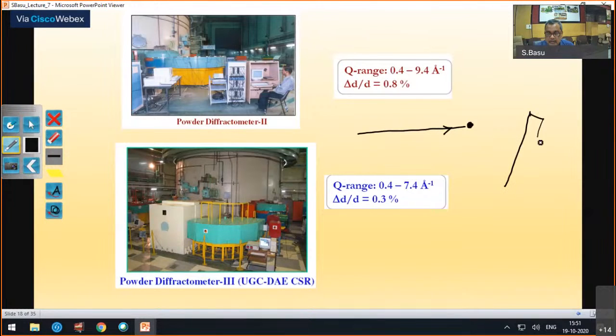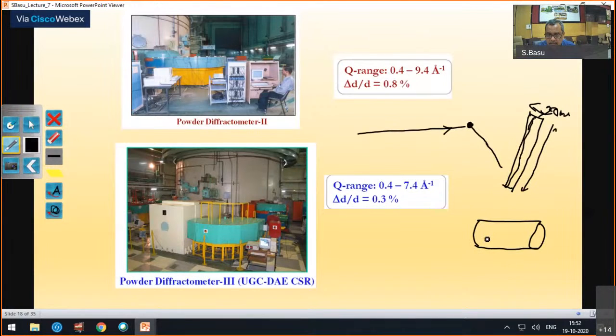It's longish like this, typically around 20 millimeters wide and around 1 meter long. You see why it is called position sensitive detector, because there is a central wire. This works like the typical charged wire principle. I'm sure some of you have been introduced to detectors in which you have a central wire, which is an anode, and the body is the cathode, and the charged particle is detected.